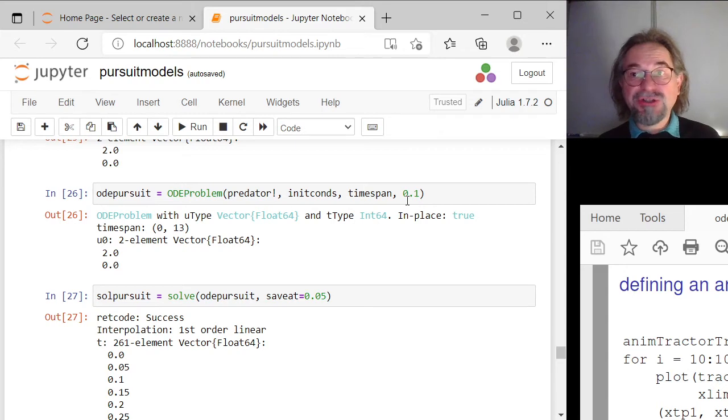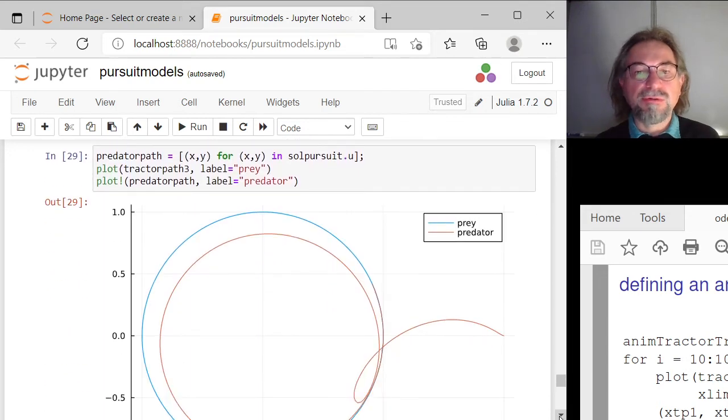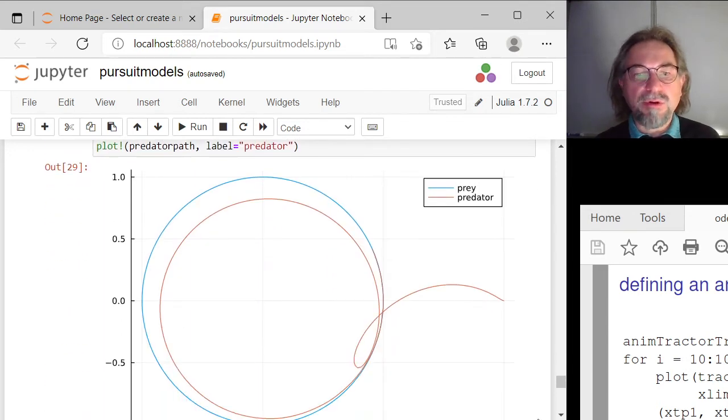So the initial velocity of the predator is very, very slow, whereas the prey moves with velocity 1. So the prey is at velocity 1, and initially the predator is very slowly creeping up on the prey.